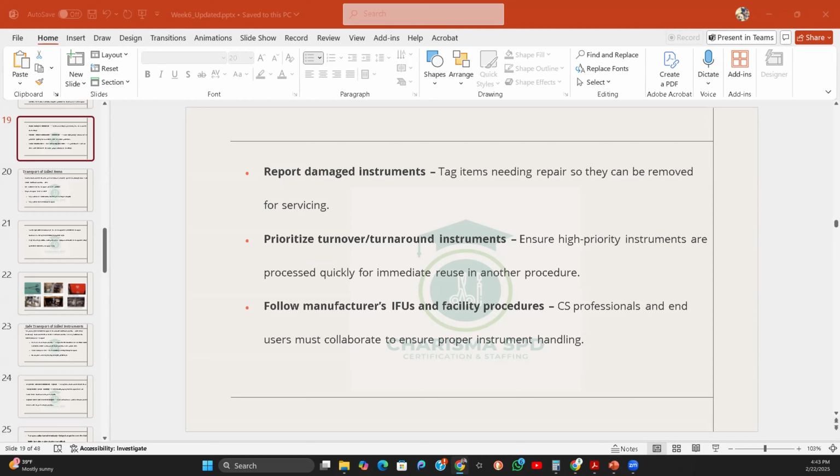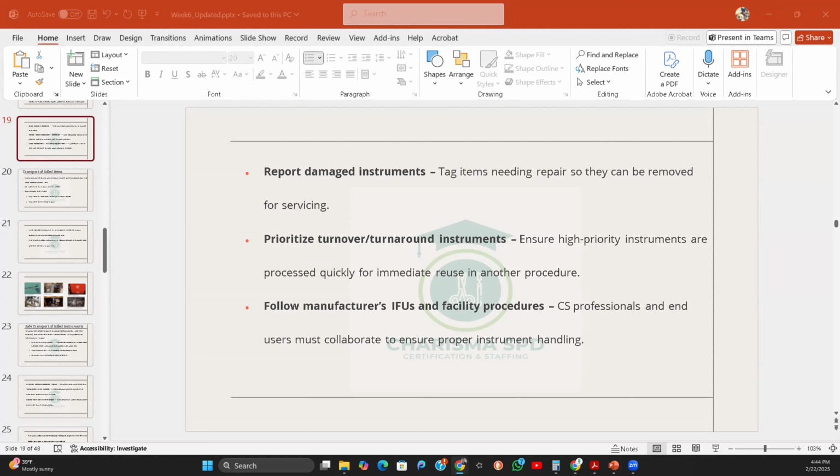Then, as a guideline, if you are prepping instruments to be transported, instruments that need to be turned over also need to be what? Communicated. All right? Turnover means that we have to prioritize those instrumentations. We have to work on those instrumentations first before we do any other thing.